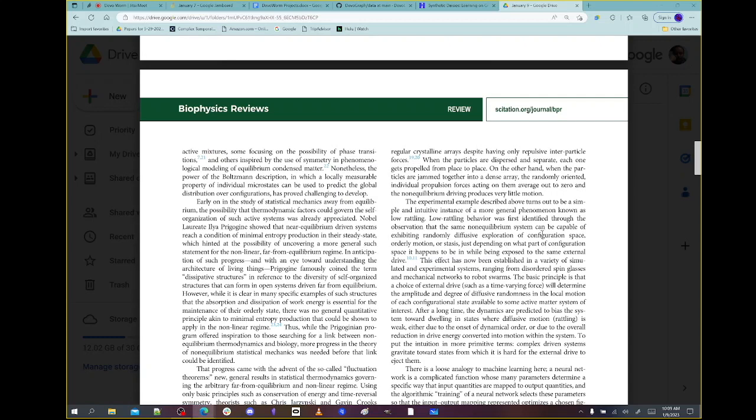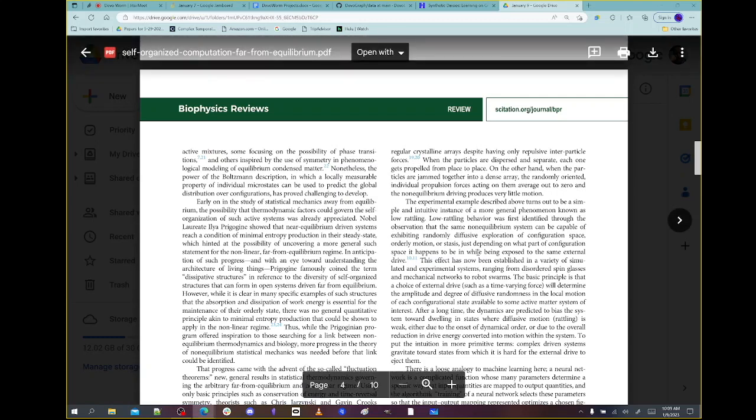If you think about structure, if you have things that aggregate in certain locations, that can be done through random processes, just through some driving force forcing it into exploring its space more. And then you can also get orderly motion, or you can get stasis as well, depending on what part of configuration space it happens to be in, while exposed to the same external drive.